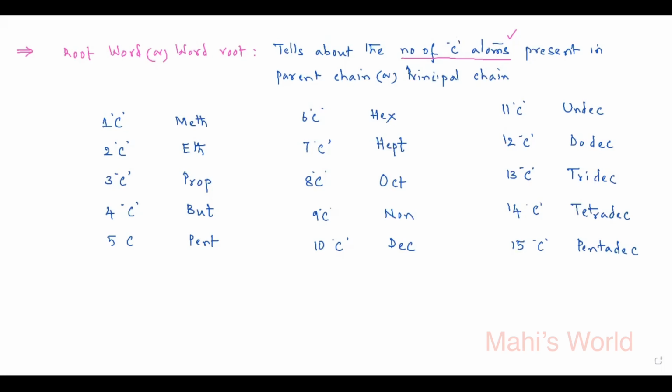And then 20 carbons is called icos. Then coming to 21 carbons, it is called henicos. 22 carbons, it's called docos. Similarly, 23 is tricos, 24 is tetracos. Like that, it just goes on.